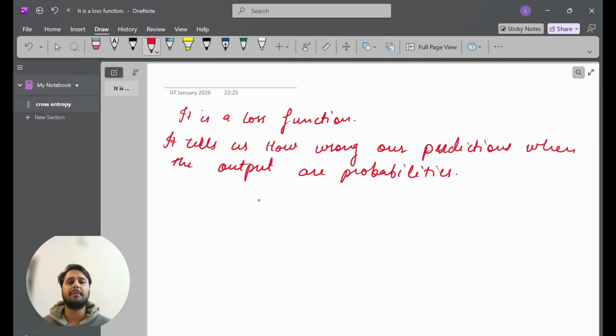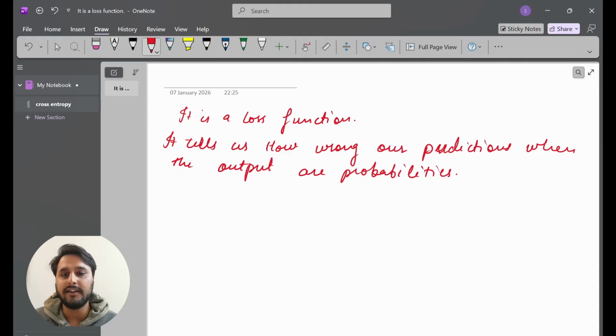So it is a number that tells us how good our model is or how bad our model is. If the number is very low, then we consider that our model is performing very good. And if the number is very high, then we consider our model is performing badly.